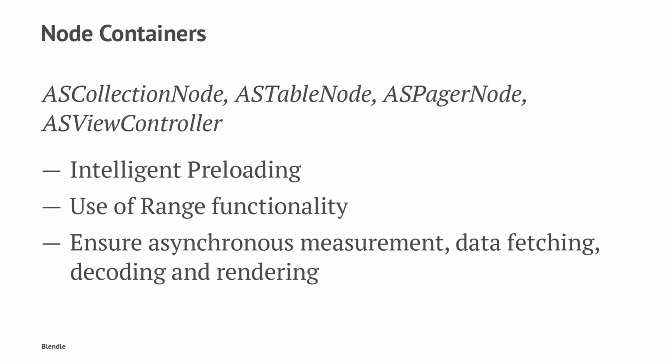So measurement, data fetching, decoding, and rendering is all done on background threads. So you don't need to think about that, and they work very similarly. ASCollectionNode works in a very similar way as UICollectionView. It has the same data source methods, the same delegate methods, and some added stuff. So you get a lot of that without a lot of work, and if you know how to work with UIKit, you know how to work with these things.